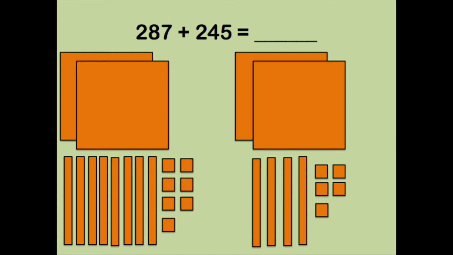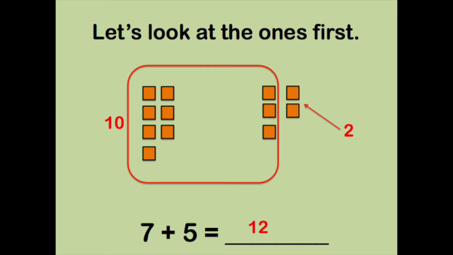Let's look at the same problem using place value blocks. On the screen, you can see 287 plus 245. Let's look at the ones first. So we have 7 plus 5, and we know that that equals 12. We can split apart 12 into 10 ones and 2 ones.